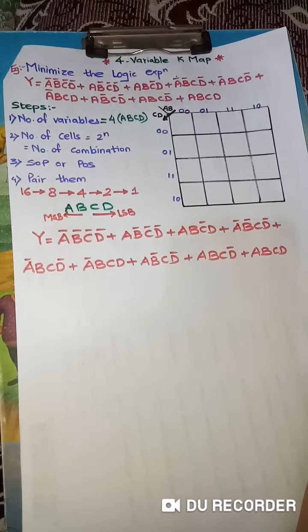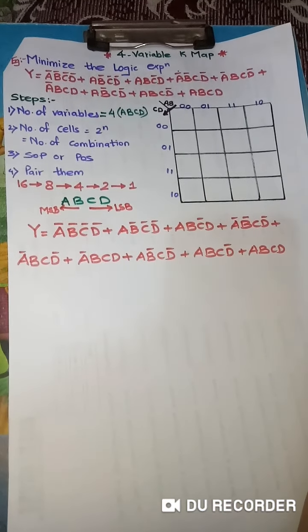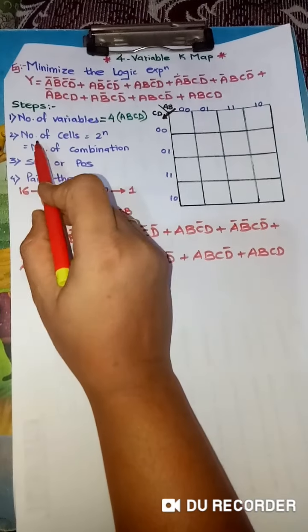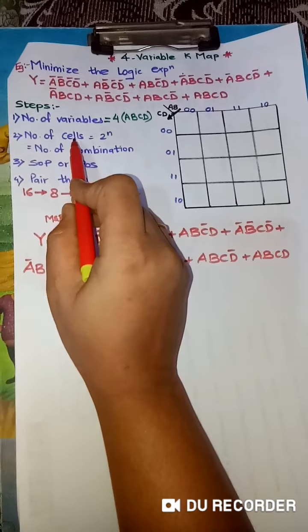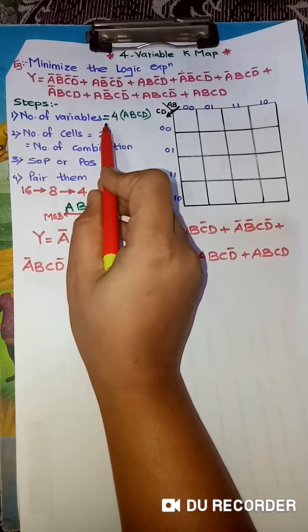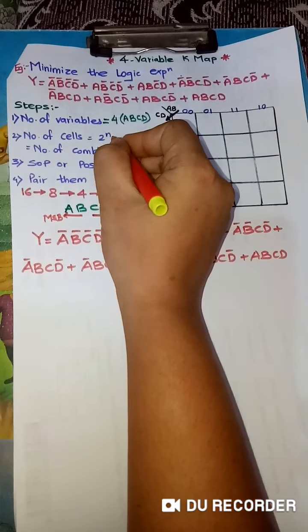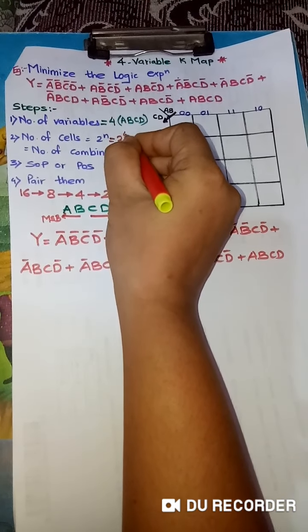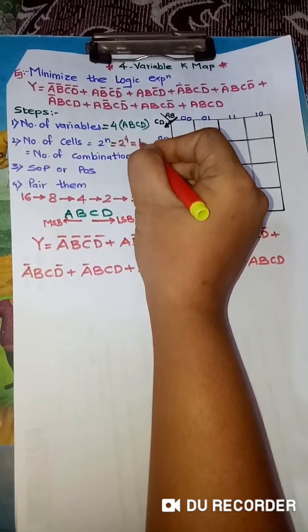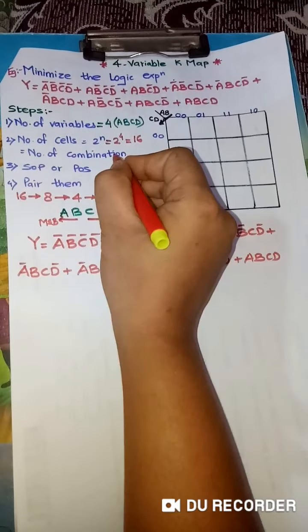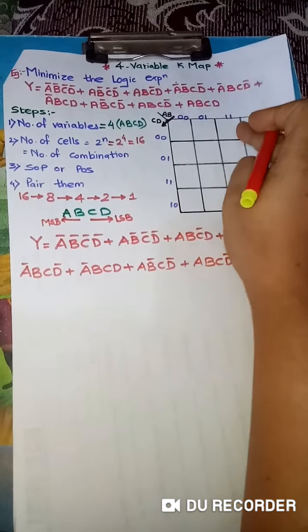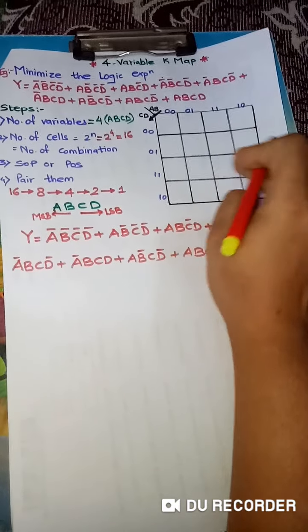Again, while representing the equations, we will write down the notations. What is the second step? The number of cells. The number of cells is 2 raised to n, and n is 4, so 2 raised to 4 is 16. That is also equal to the number of combinations, and you can count the cells here, they are 16.